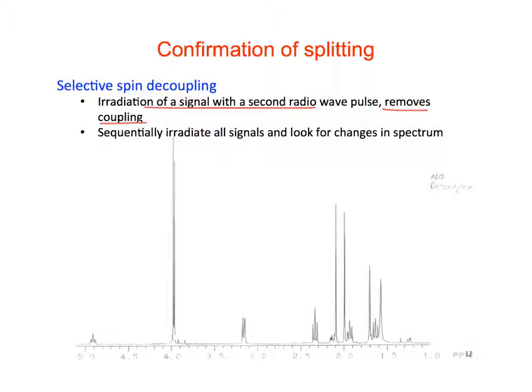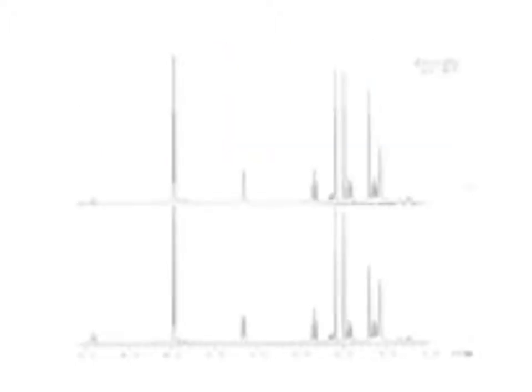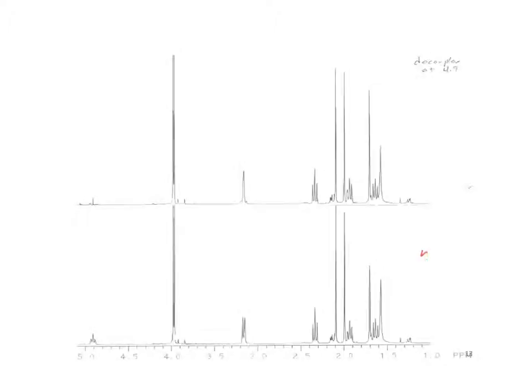So this is what it looks like with no decoupling. This is also with no decoupling down here. So this is our standard. And in this one, this peak right here has been squashed flat with the decoupler.